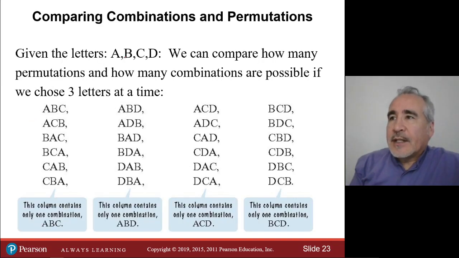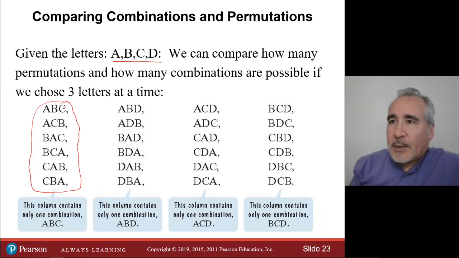So let's say I need to arrange the 4 letters A, B, C, D. But I tell you that it's really not important how we order them. If we were to do permutations, ordering is important. And so you look at this group. Permutations, each one of these is separate, but you notice each of them contains A, B, and C in various arrangements.